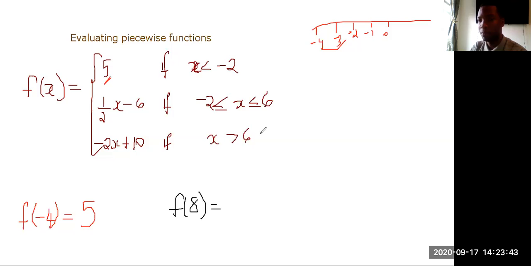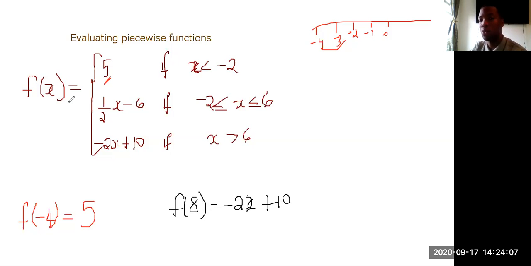So it's this one. Since 8 is greater than 6, it's telling me that f of 8 is equal to -2x plus 10. But I need to solve it.